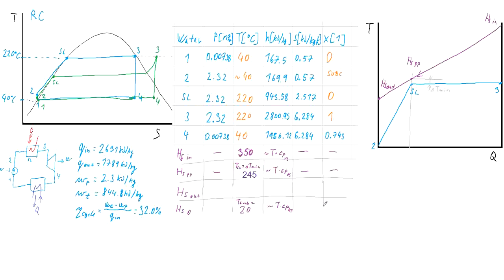And now, since the heat transferred between points 3 and SL, and heat source in and heat source pinch point must be the same, let's write the calorimetric equation. So Q, let's say SL3, is mass flow rate of the heat source times the Cp of the heat source times the temperature heat source in minus temperature heat source pinch point.